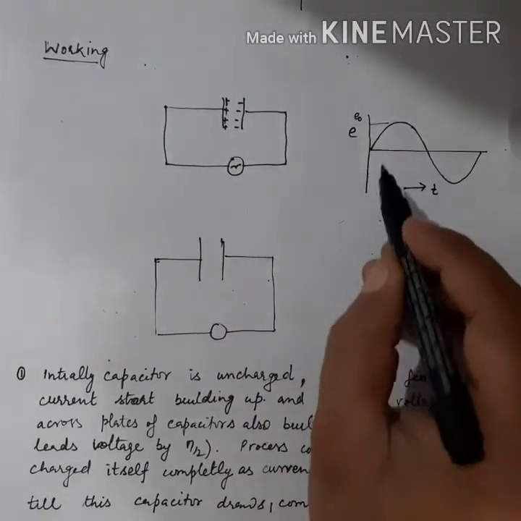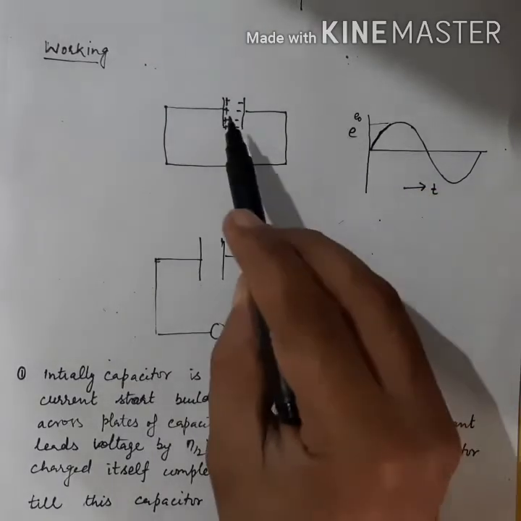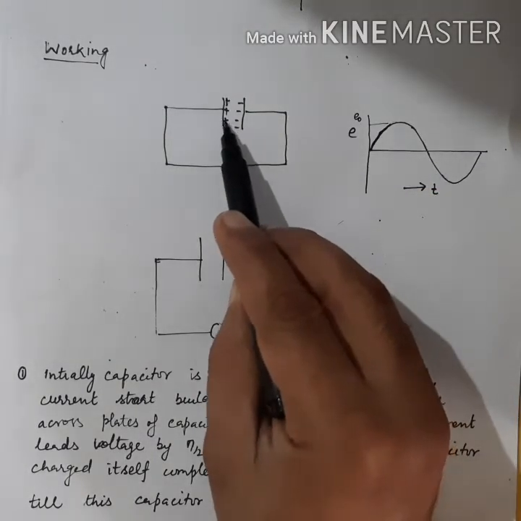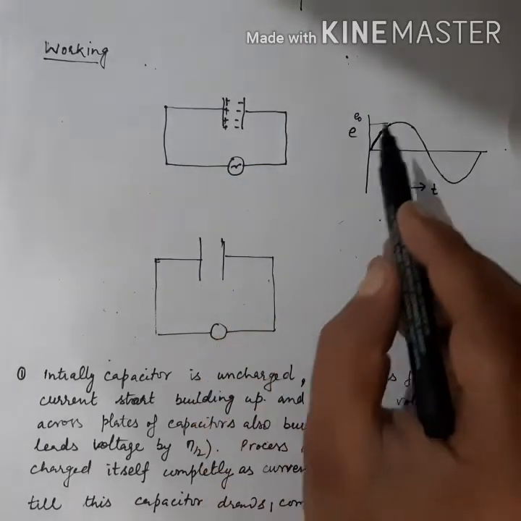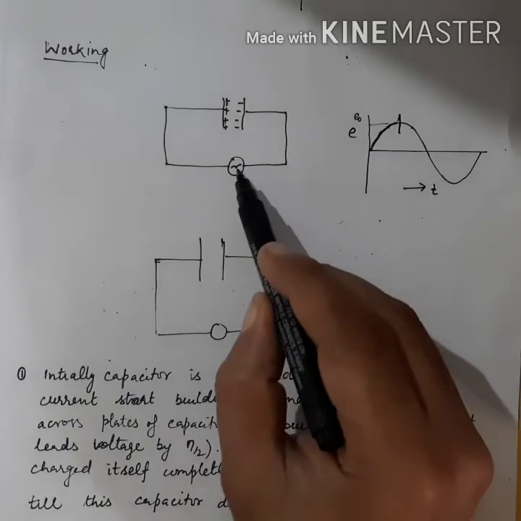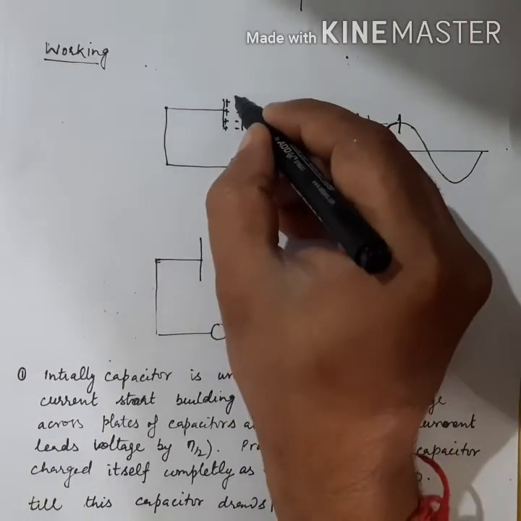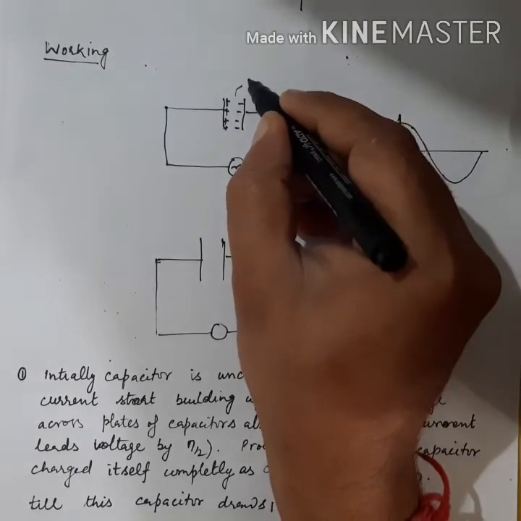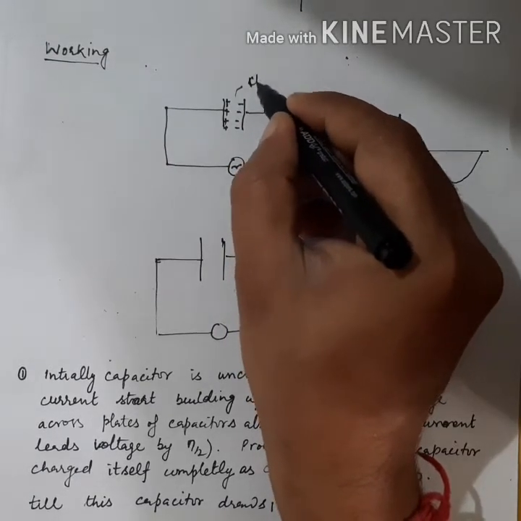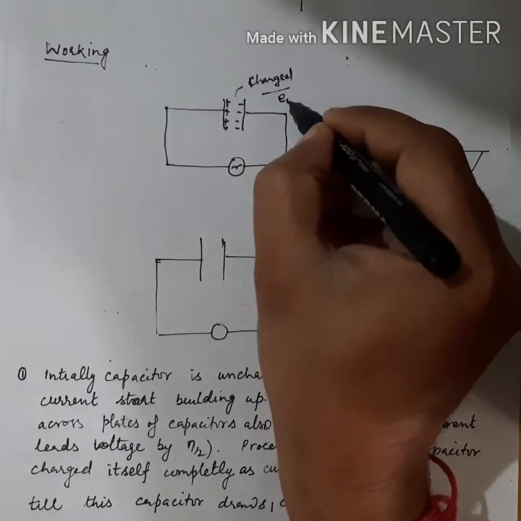Charge keeps on collecting on this capacitor as the voltage keeps on increasing. As the voltage reaches the maximum value, the capacitor has charged itself to a potential of E naught.